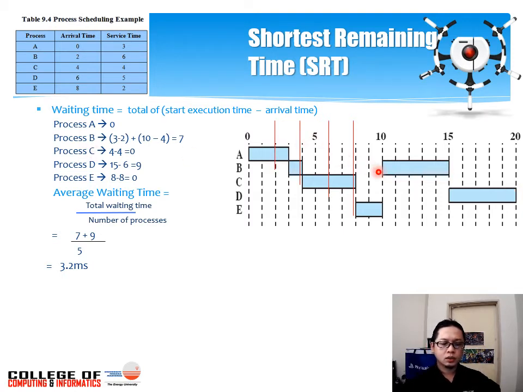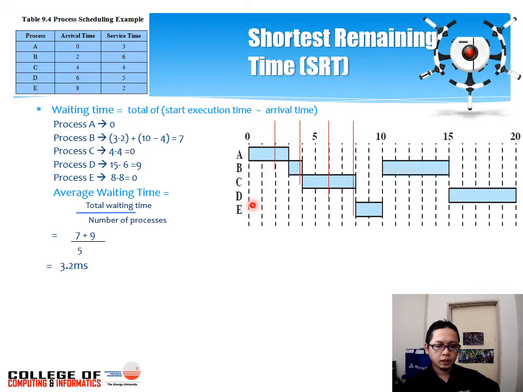Okay, so again, how to calculate the average waiting time is to compare the arrival and also the execution time. So for the execution time here, let's say for A, no waiting time. For B, there is one waiting time here, and also the waiting time in between here, 1, 2, 3, 4, 5, 6. So in total, the waiting time for B is 7. And then for C, there is no waiting time because up to this point of arrival, C always executes.